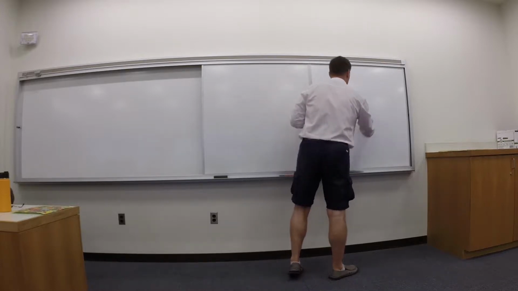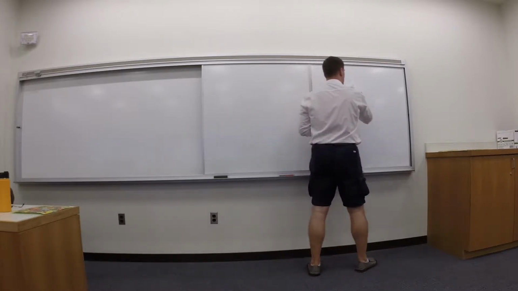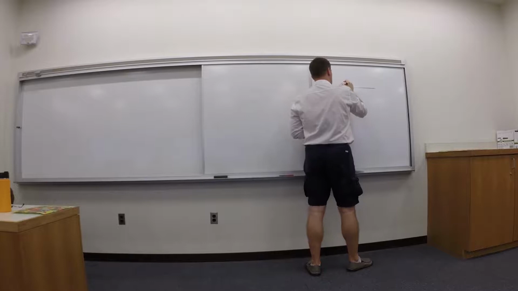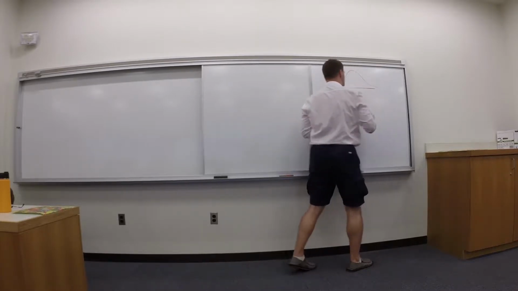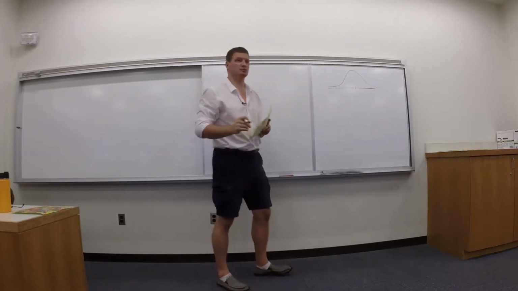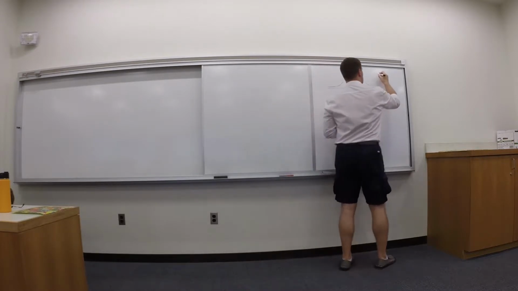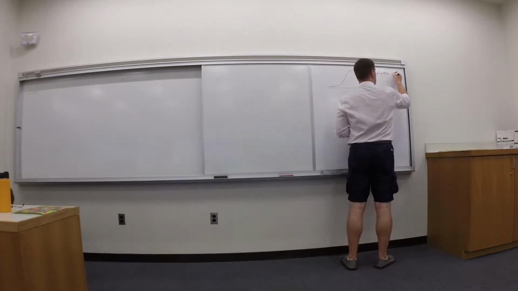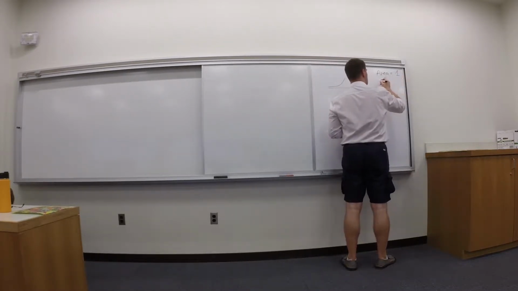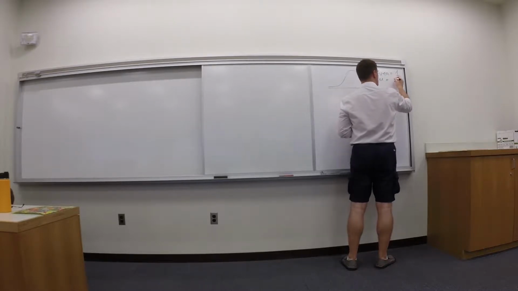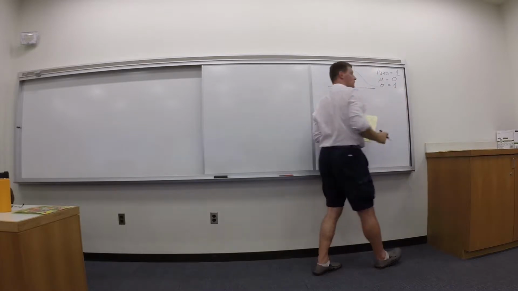So let's remember, we want a standard normal distribution because then we can allow certain characteristics to happen.